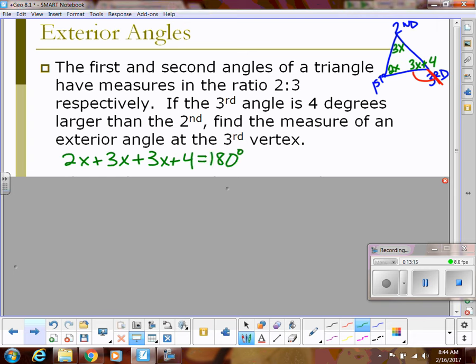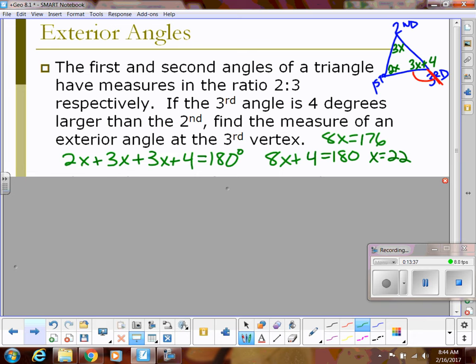That's the interior measure of a triangle. So we combine our like terms, and we get 8x plus 4 equals 180. 8x then would be 176, and 176 divided by 8 would be 22.